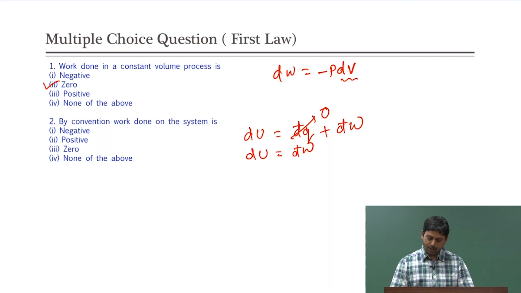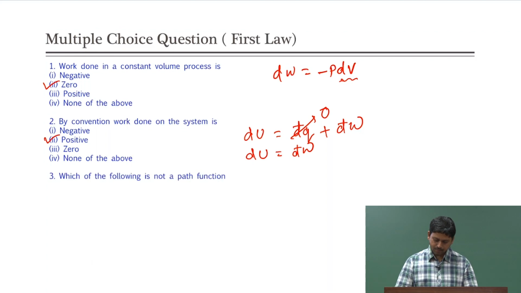So, if work done is positive, then internal energy change will also be positive. That is why conventionally work done on the system is always positive. You can see from the above expression also that if work is done on the system, then dV is a negative quantity, because volume decreases. In that case, minus PdV is a positive quantity. So, this way also you can see that work done on the system is positive. So, positive is the right answer.